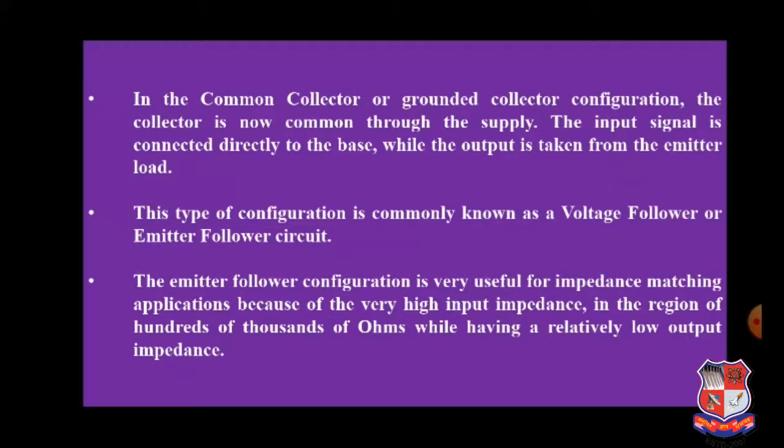The major difference which we observe in comparison to the common base and common emitter configurations is that here only a single terminal of the transistor is utilized for the output selection. This type of configuration is commonly known as a voltage follower or emitter follower circuit, because all the flow of voltage will be carried out using the emitter terminal.